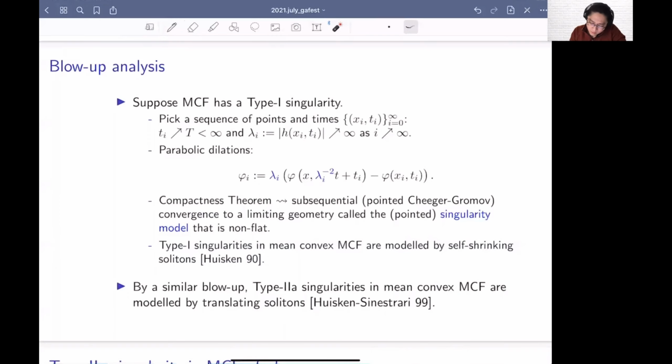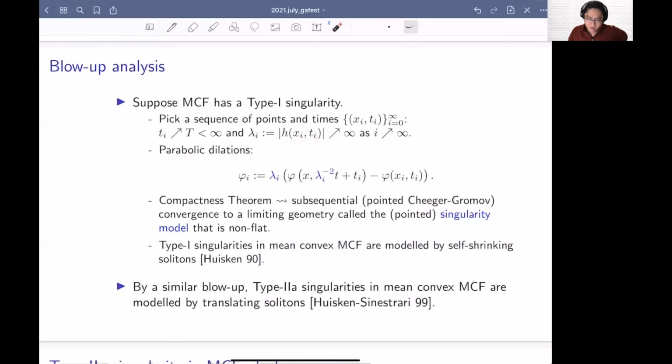Now, we basically want to use these larger and larger curvatures as scales to rescale our solution. We basically want to magnify the space by a factor of 10 and magnify the time by a factor of 100.